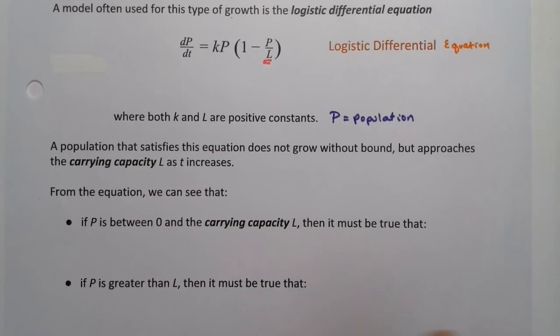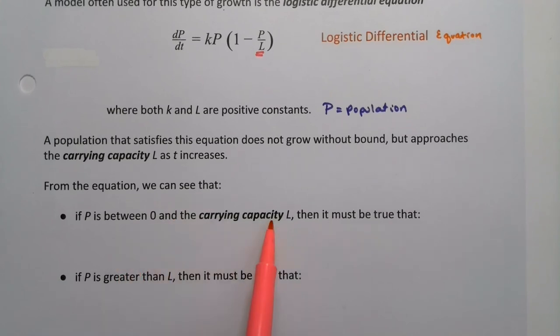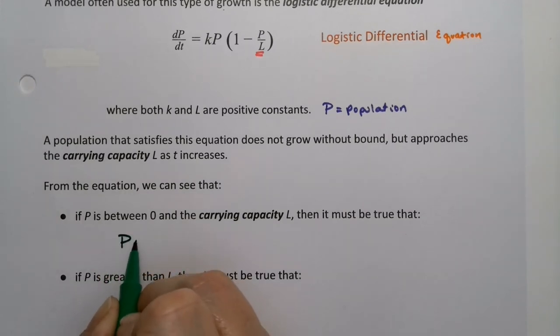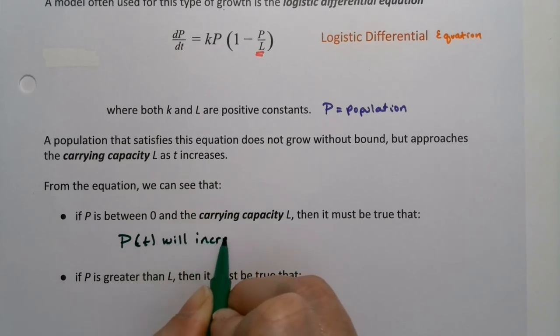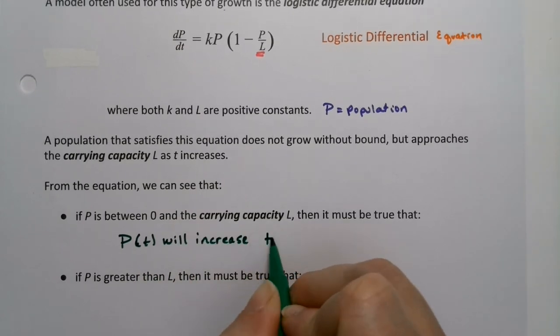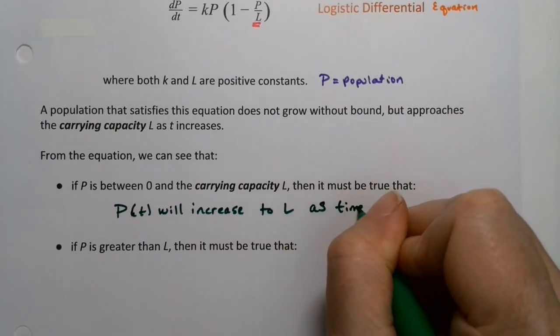Now keep in mind, if your population is below your carrying capacity, if it's between 0 and the carrying capacity, then it must be true that the population values will grow and increase to the L value as time increases.